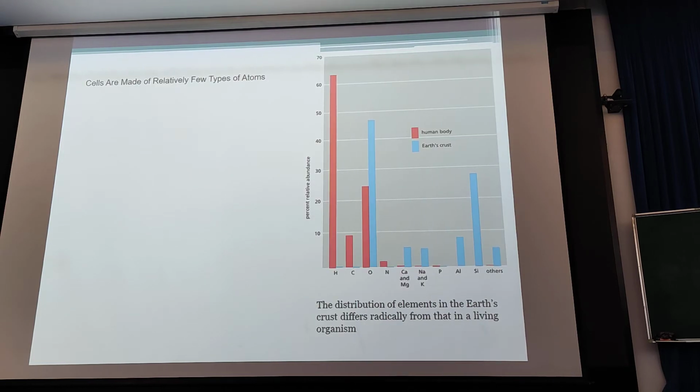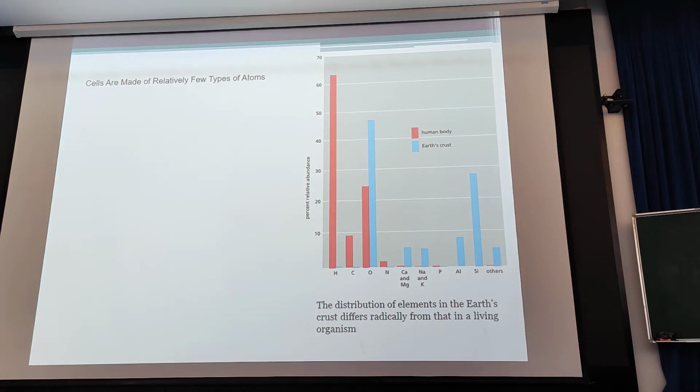Here is a graph showing the distribution of elements in the Earth's crust and how they differ from the elements inside organisms' bodies. In the Earth's crust you have oxygen, silicon, aluminum, calcium, magnesium, potassium, and many other elements.